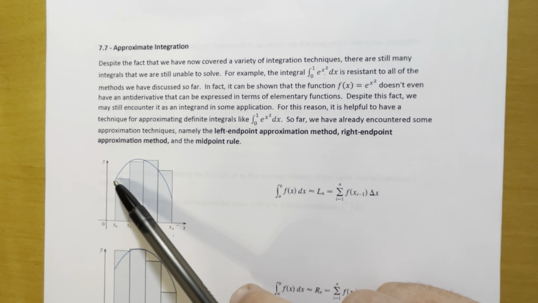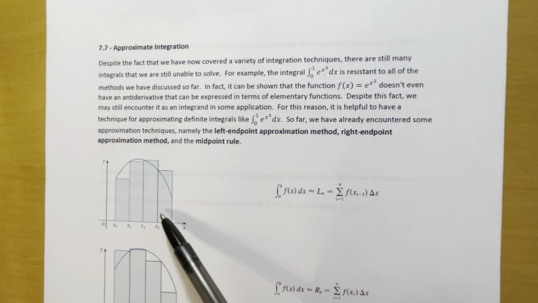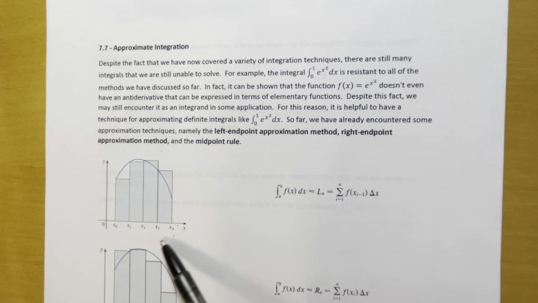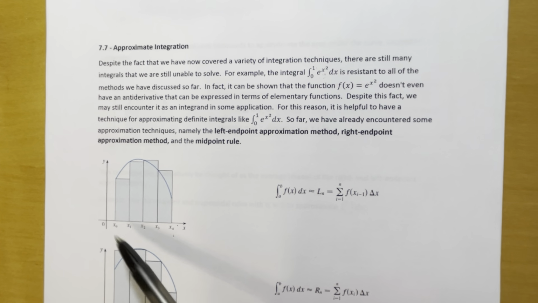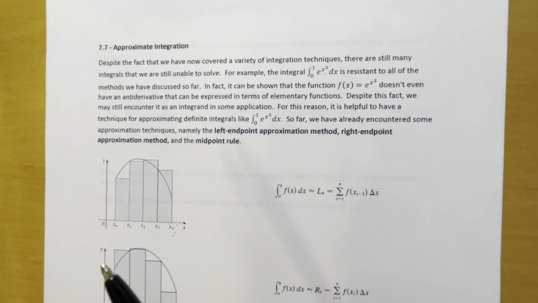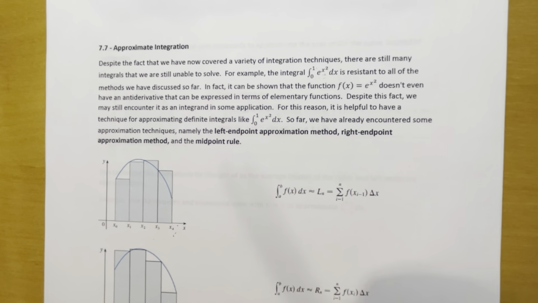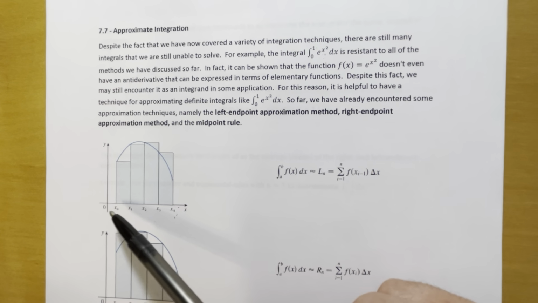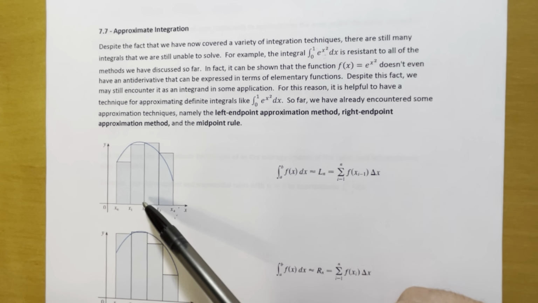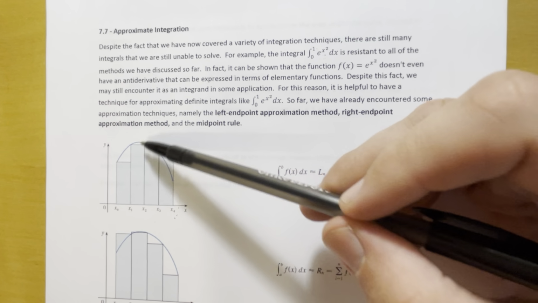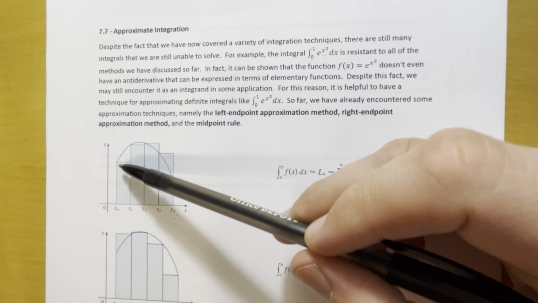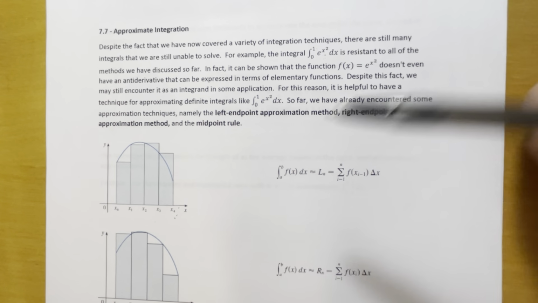So if you remember, let's say this blue curve here is the graph of f of x. And here I have an interval that I want to find the area under that curve over. X0 to x4 is what I have written here. So what we do is we take that interval, break it up into little subintervals, and then on each subinterval we build a rectangle that we're kind of using to approximate that area.